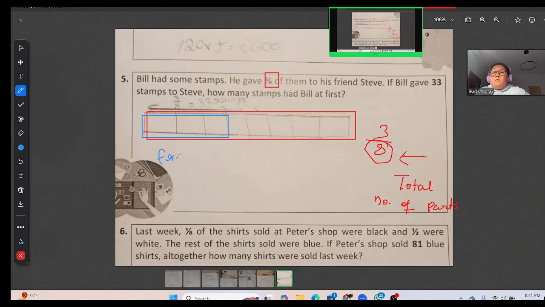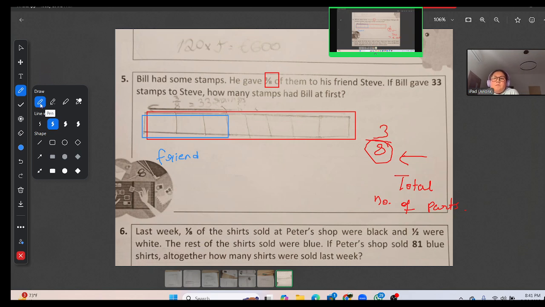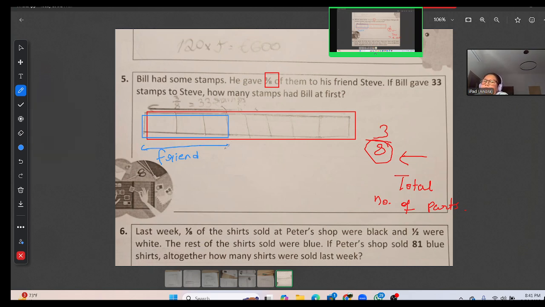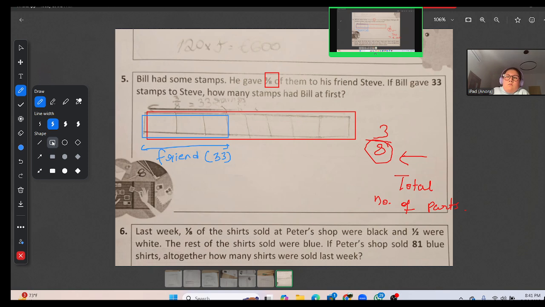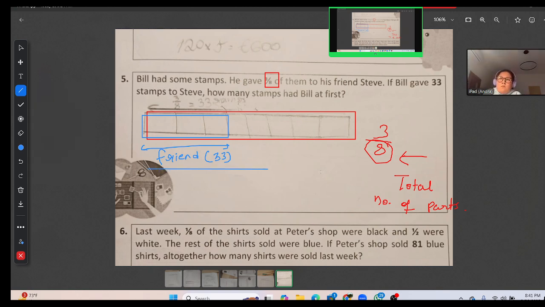Now they are saying that if he gave 33, then 3/8, this part from here to here, represents 33. And how many stamps did he have at first? That means we have to find the total from here to here.